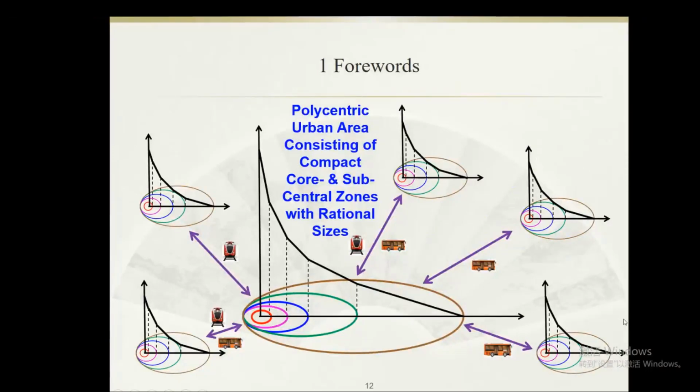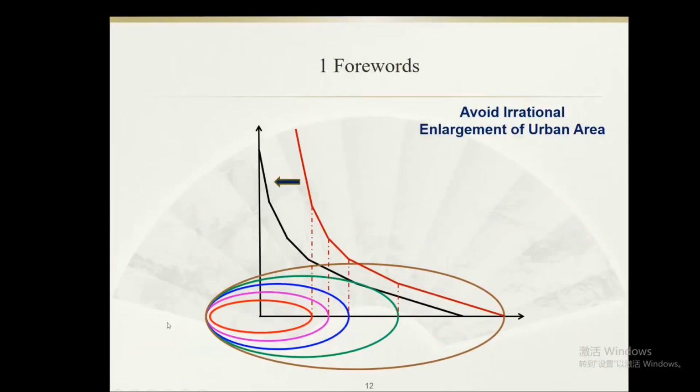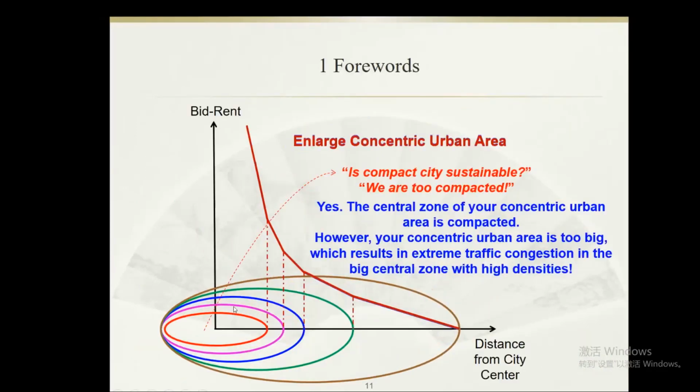Make more centers and connect different centers with railway, with metro lines, with light rail, with BRT. Never make these centers together like this. Then we will face a big disaster, very serious traffic congestion.